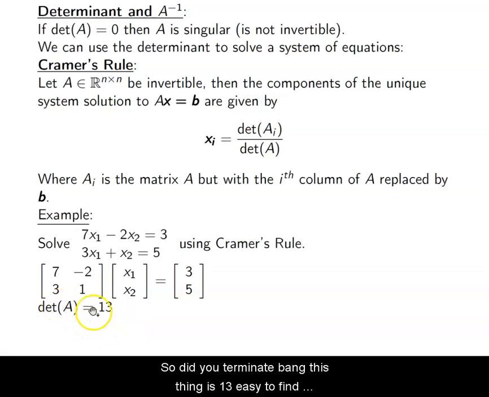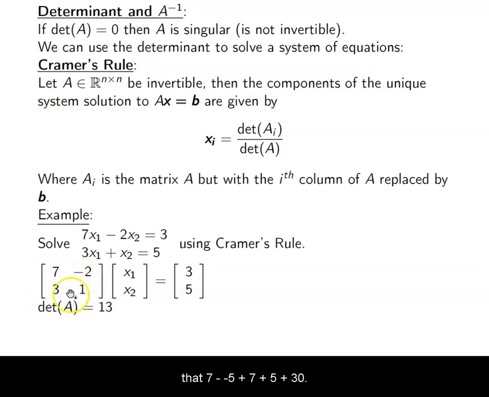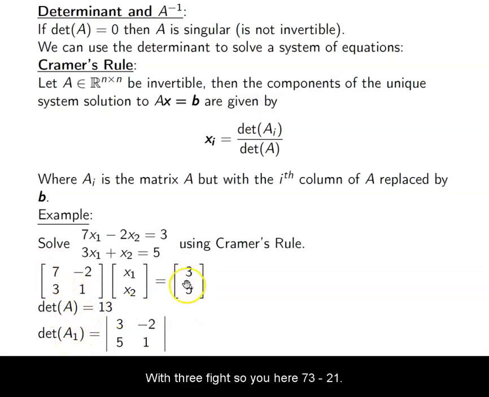So the determinant of A, this thing, is 13, easy to find. That's 7 minus negative 6, so 7 plus 6 is 13. A1 is me replacing 7, 3 with 3, 5. So here you have 7, 3, negative 2, 1. It's not the same here, right?